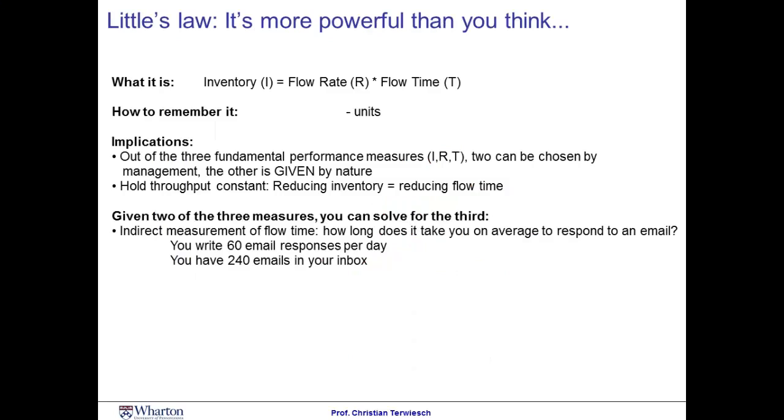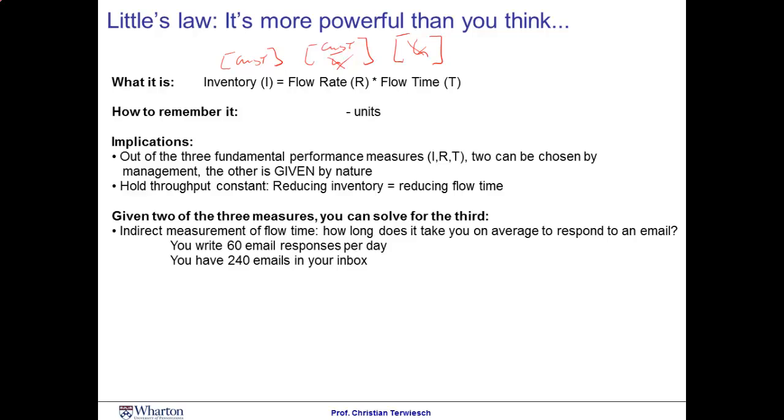We see that on average in a process, the inventory, which is expressed in our case as customers, is the flow rate, which is expressed in customers per hour or customers per minute, times the flow time, which is simply hours. And so the hours cancel out, and you have on both sides the customer as a unit. Again, this is not a formal proof, but the basic intuition behind Little's Law.